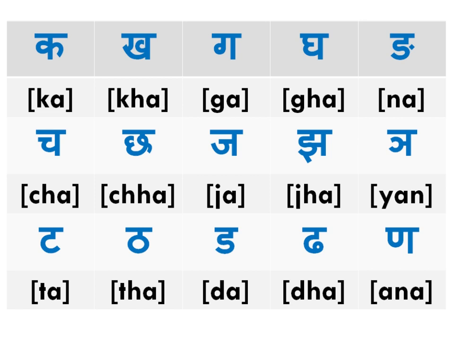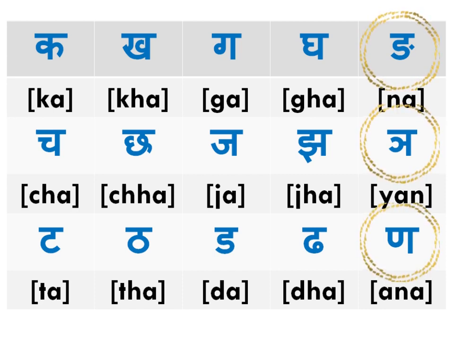D-A, Da. Dha. D-H-A, Dha. Ana. A-N-A, Ana. Like Ng and Yan, Ana also does not have any vocabulary starting from it. Rather, they are used in between the vocabularies, which you will learn in upcoming videos.